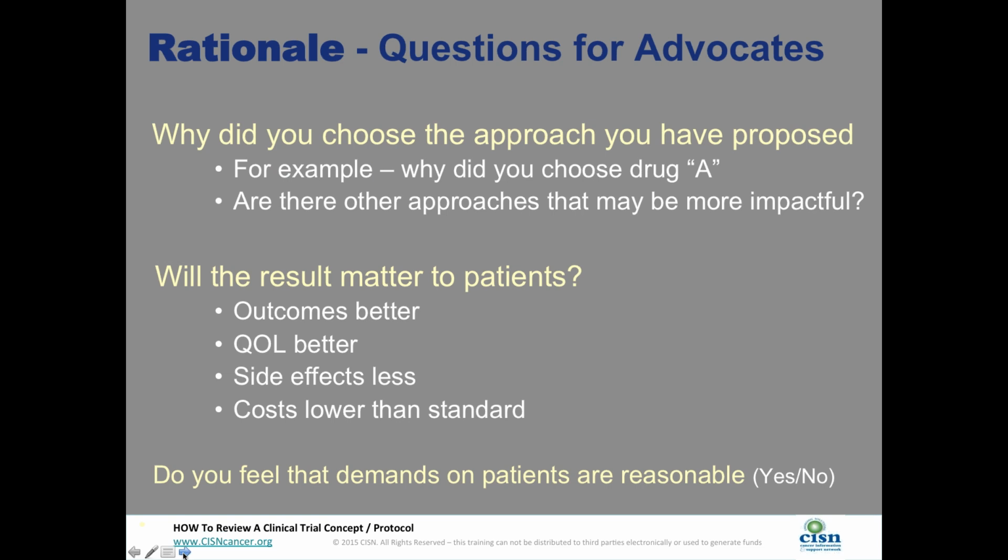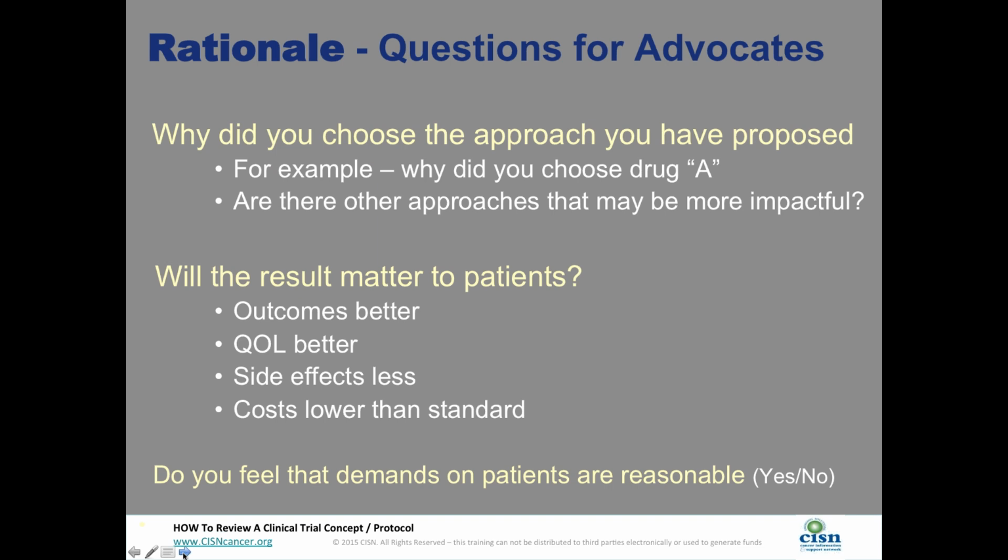So under this section, you would ask, why have you chosen drug A? Why this drug? Why are we studying this instead of that? It's a chance for you to get the researchers to explain in a little more detail why they're taking the approach that they're taking.